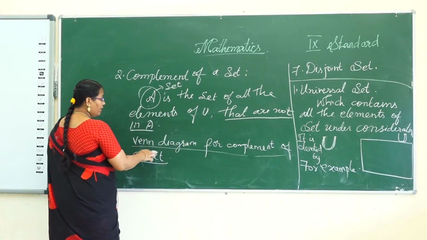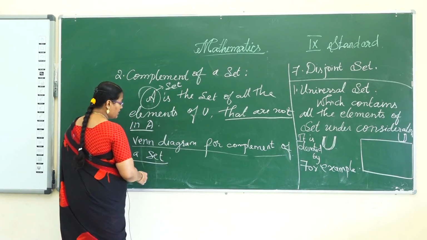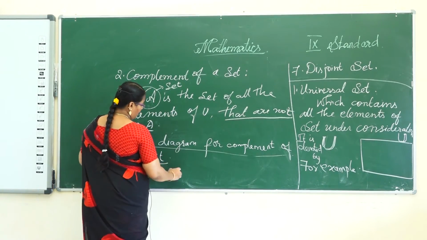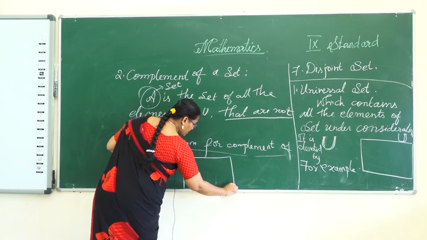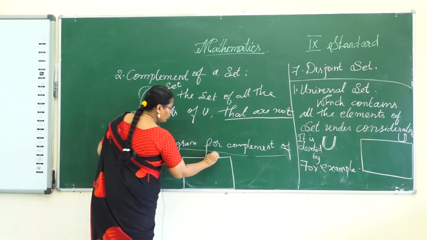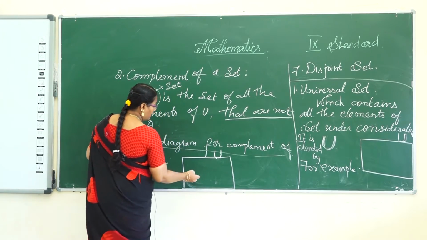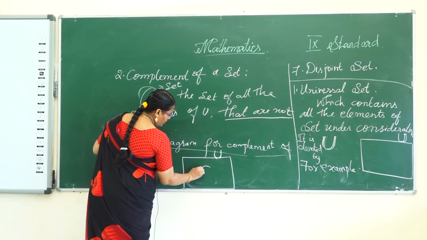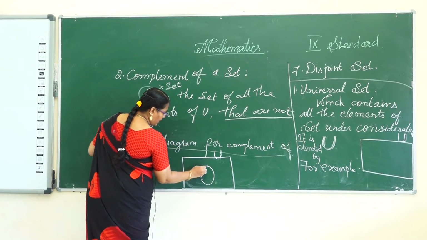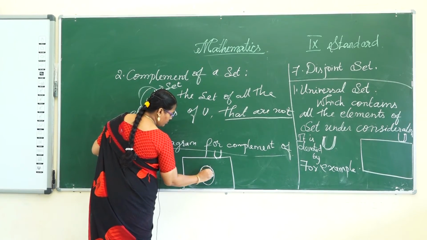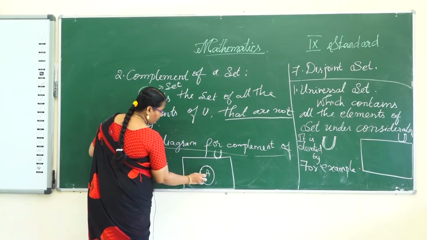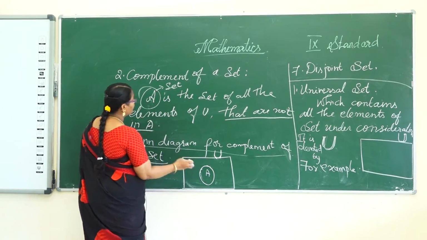Here is the Venn diagram for the complement of a set. First draw the universal set U, and then the set of all the elements in set A. This is considered to be A. So what is the definition of a complementary set?